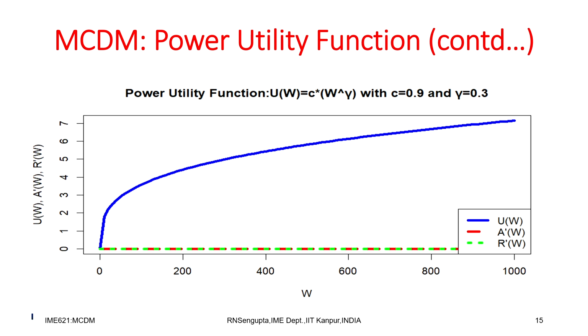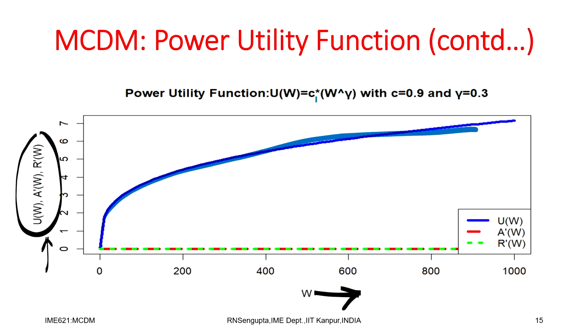So, again all three are plotted in the same graph first, which is U, A prime, R prime along the y axis, W on the x axis, and the graphs are given accordingly. So, this is the power utility function C W to the power gamma with a C value less than 1, gamma less than 1.